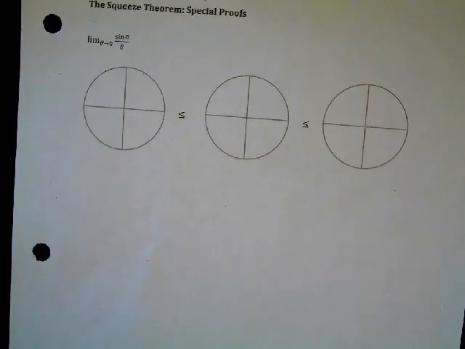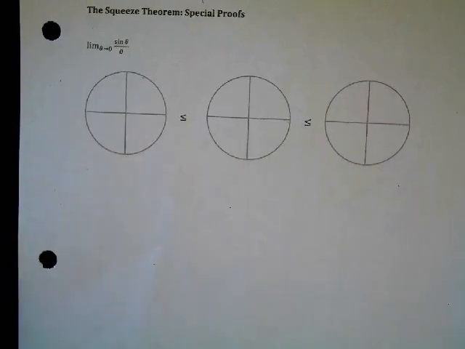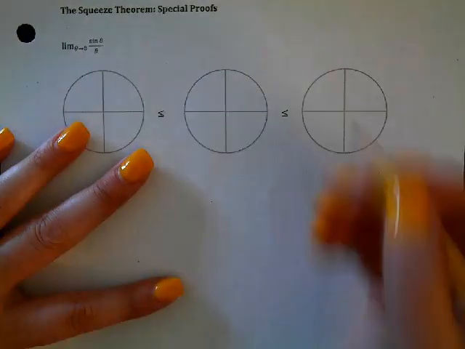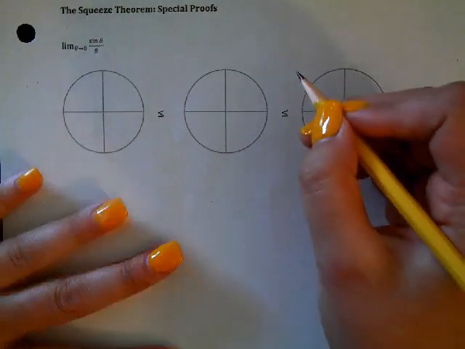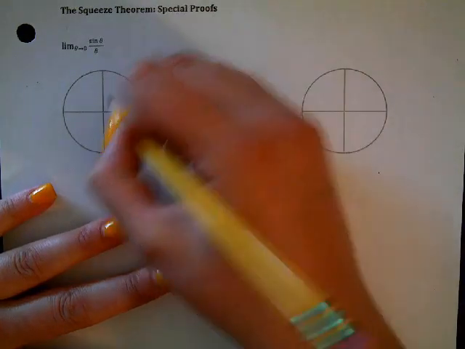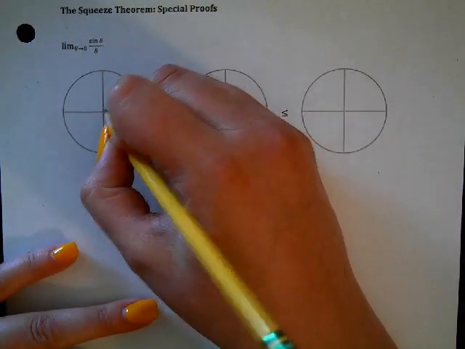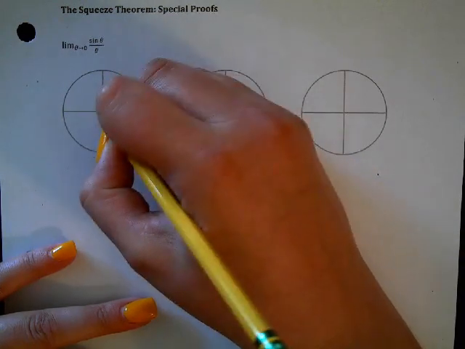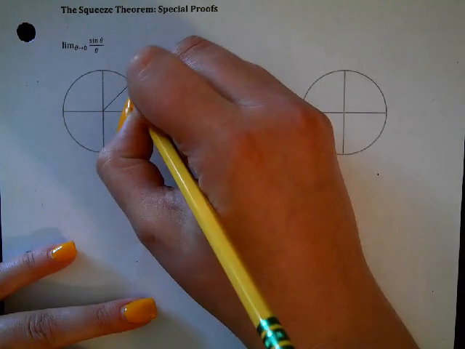All right, so the first thing we're going to do is we're going to draw some triangles, or we're going to draw some areas that we actually know the area of, okay? So the first one that we're going to draw is this triangle right here. We're going to draw from here, right here.